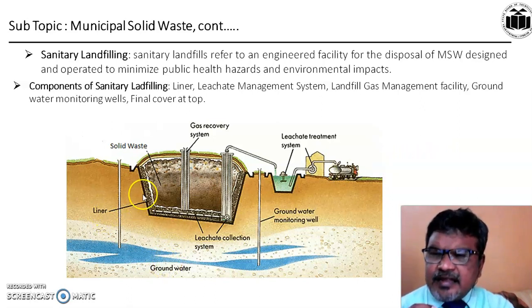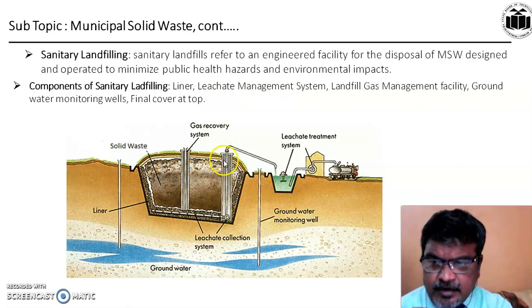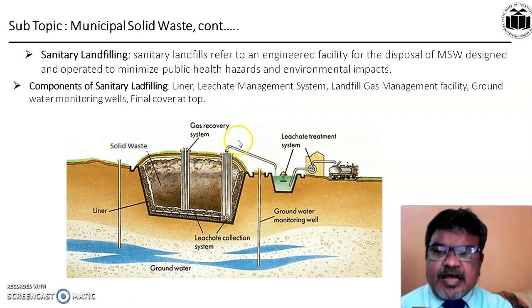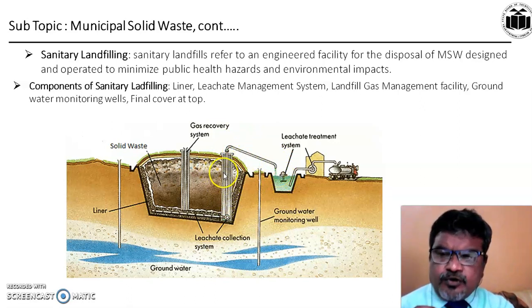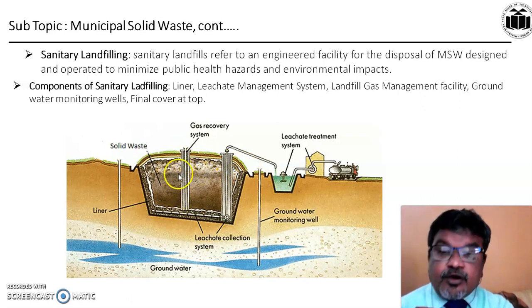First is liner. Liner is provided at the bottom of the landfill to prevent the infiltration of leachate. Then leachate management system. So leachate management well, leachate treatment well, these are provided for the leachate management which is produced inside the sanitary landfilling. Landfill gas facility is also required because the methane and carbon dioxide and NOx, these are the 3 components which are the greenhouse gases.